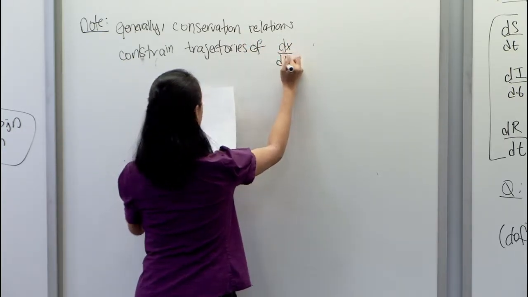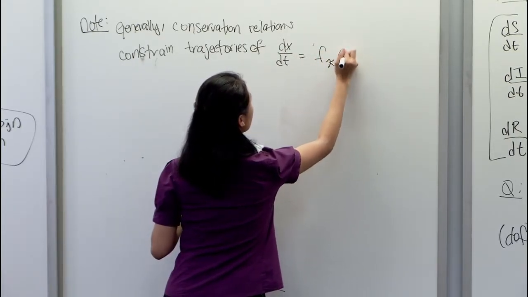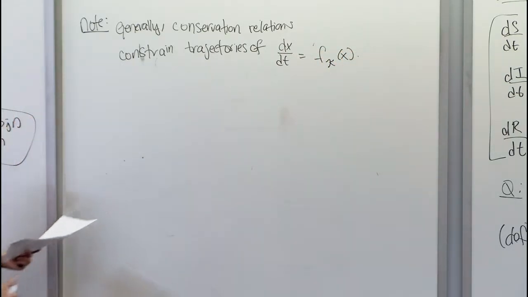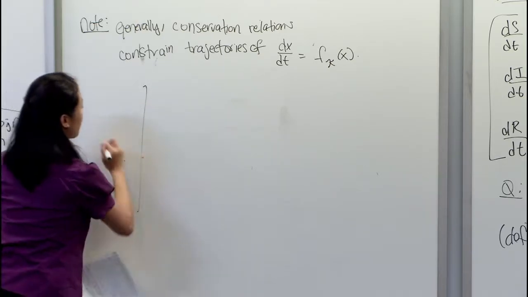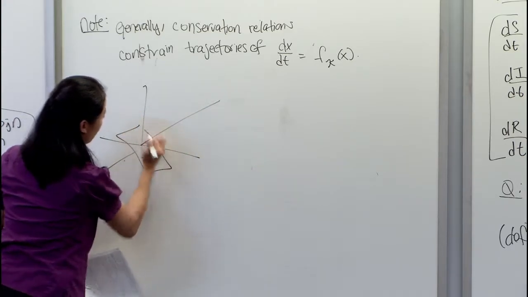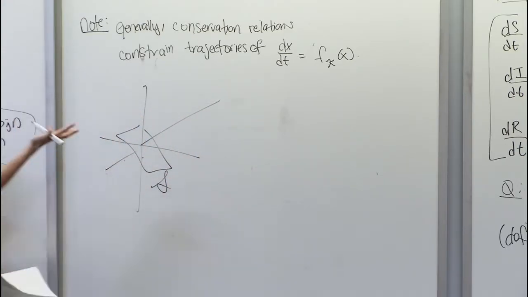If I had some dx/dt as some f_kappa of x, I don't have an example like that, there's actually no conservation relations in this case, but in general, a picture typically looks like this. The differential equations actually live in some lower dimensional subspace.